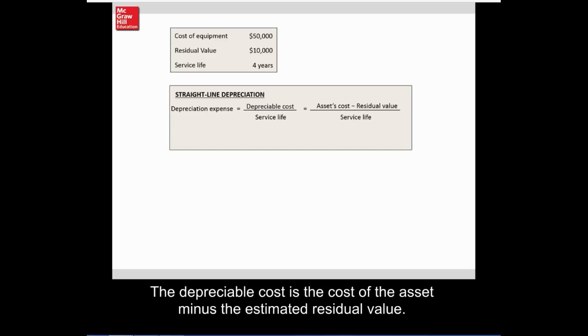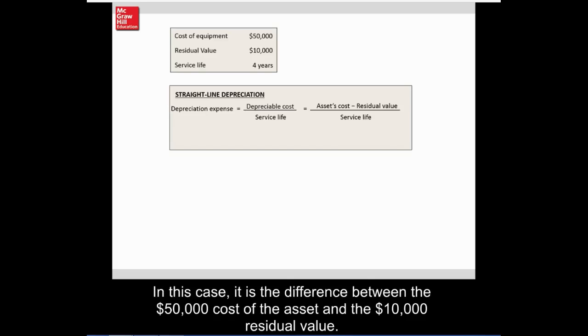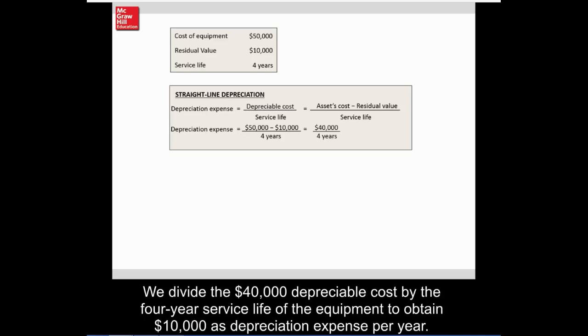The depreciable cost is the cost of the asset minus the estimated residual value. In this case, it is the difference between the $50,000 cost of the asset and the $10,000 residual value. We divide the $40,000 depreciable cost by the 4-year service life of the equipment to obtain $10,000 as depreciation expense per year.